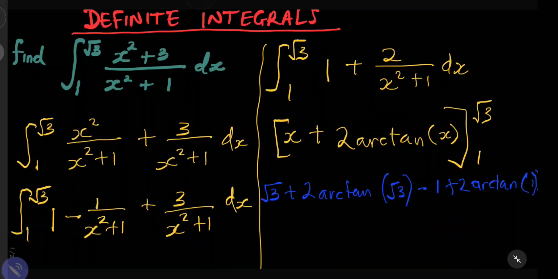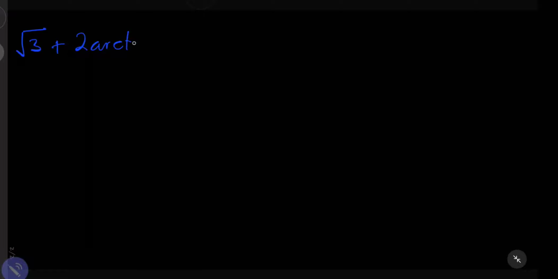Okay, so now we are going to resolve this. Let me rewrite this on the next page. From our last expression, we had root of 3 plus 2 arctan root 3, minus 1 plus 2 arctan 1.